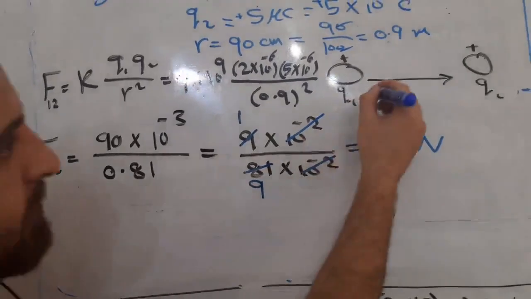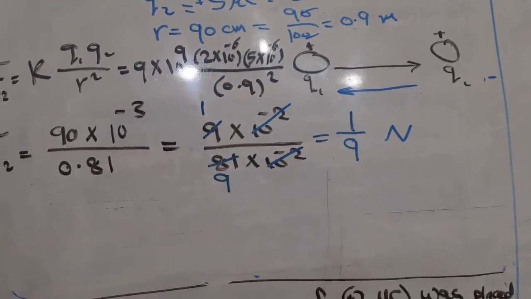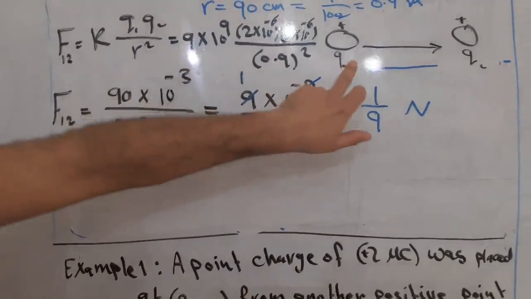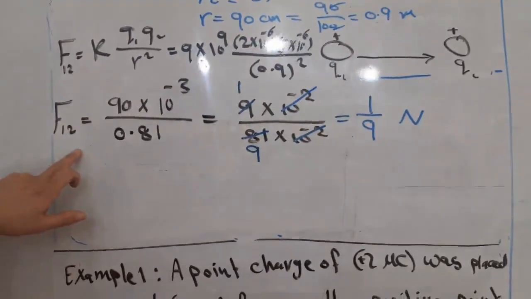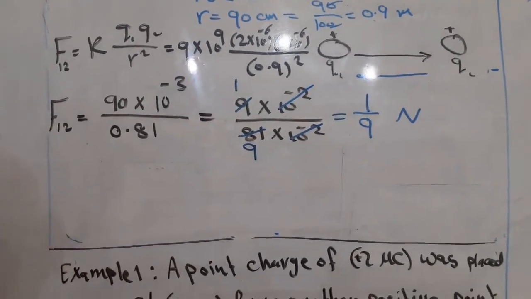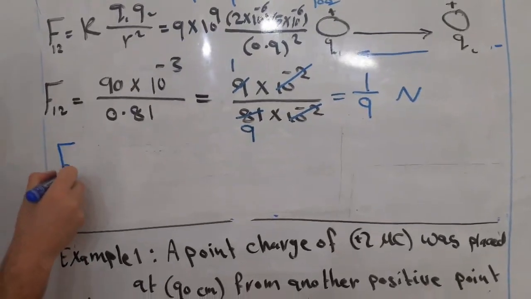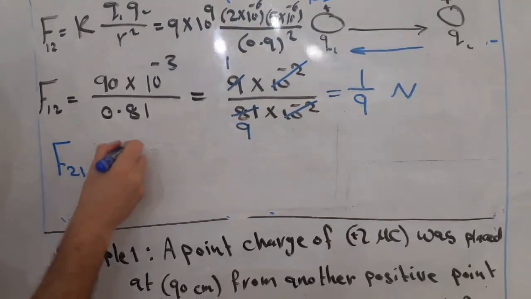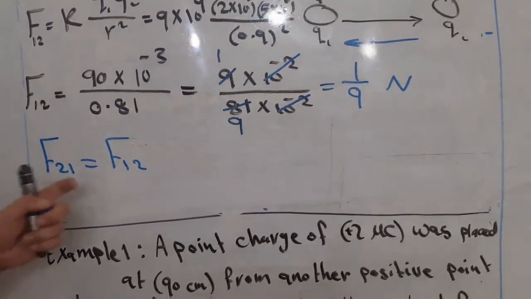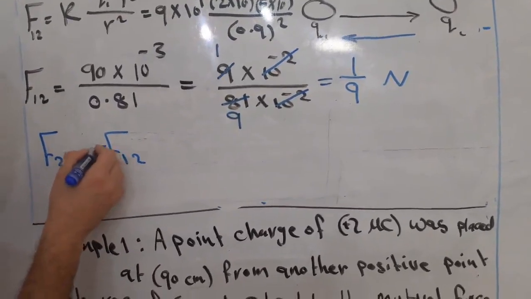What's the difference between force 1 on 2 and force 2 on 1? Just opposite, just the direction. The magnitude is the same. Okay, here I can write F21 equals F12. According to magnitude, the magnitude is equal, but the direction is opposite.